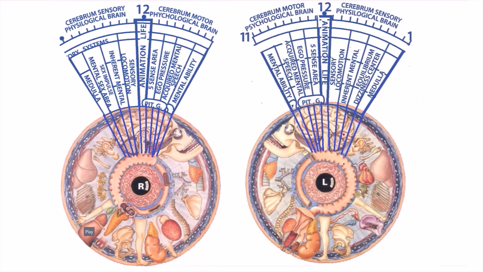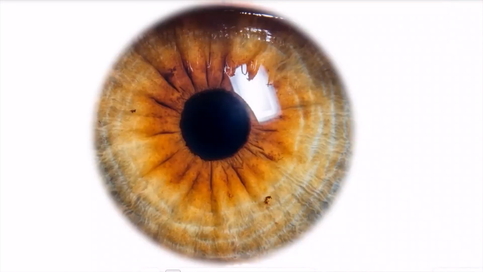All right, so see you in a second. All right, so we're now going to take a look at some of the signs in the iris that may be indicating differing levels of health, vitality, function, and dysfunction related to the head and brain area.